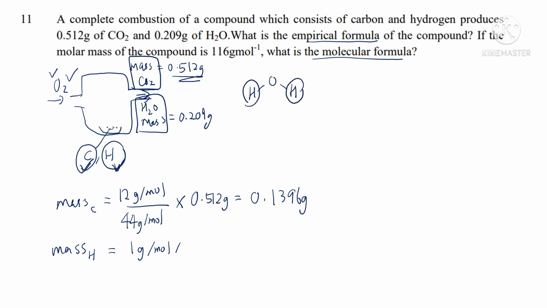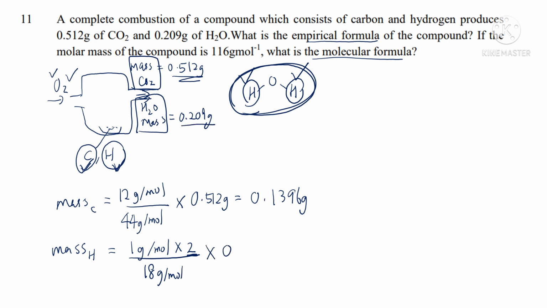Therefore, here we need to multiply by 2, because in 1 mole of water molecules, there are 2 moles of hydrogen. And then divide by the molar mass of water, which is 18 gram per mole, multiplied by the mass of water, 0.209 gram, to give us the mass of hydrogen as 0.02322 gram.